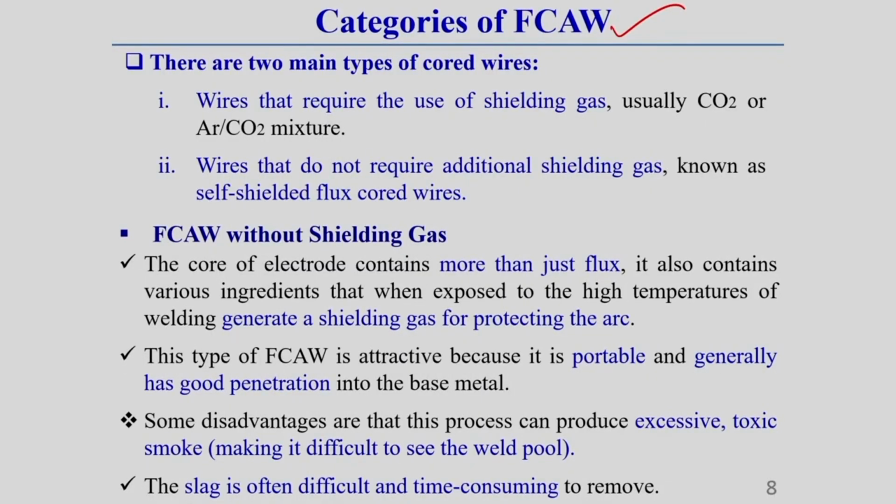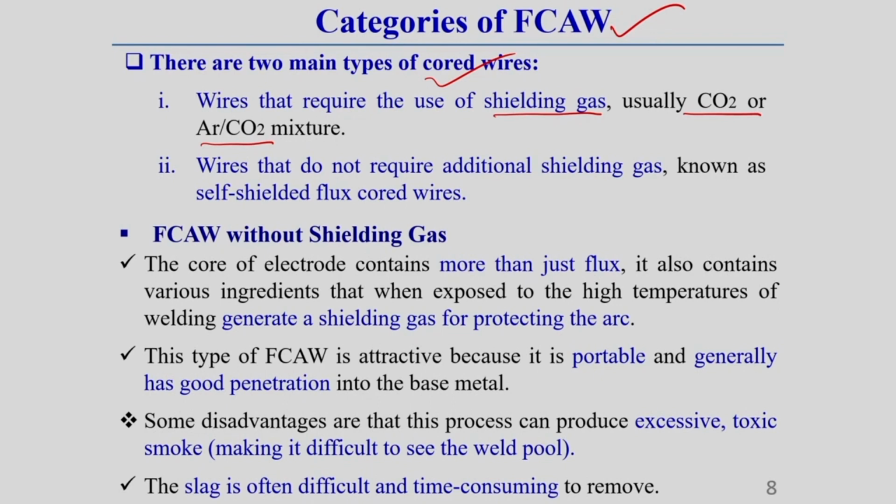Now, categories of the flux core arc welding process. There are mainly two types we can categorize. One is the wire that requires the use of shielding gas, that is, flux core arc welding process with shielding gas. The shielding gas commonly used is usually CO2, carbon dioxide gas. Sometimes a mixture of argon and CO2 gas is also used.